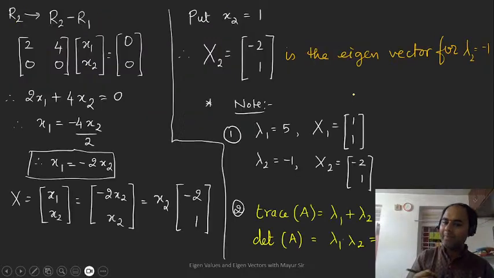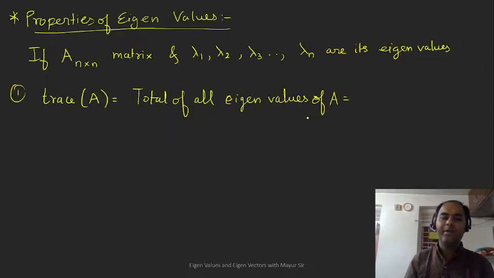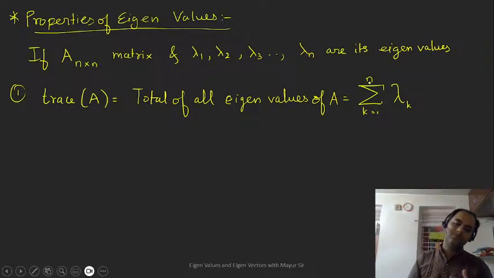If I write it in the mathematical style, you might feel a little bit intimidated. But this is the notation: lambda k, with k going from 1 to n. This is how it is written. So it is the total of all eigenvalues.